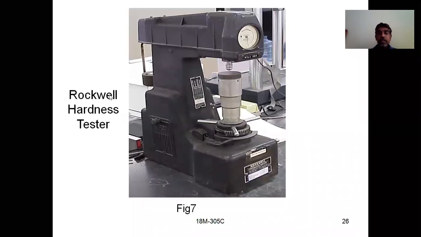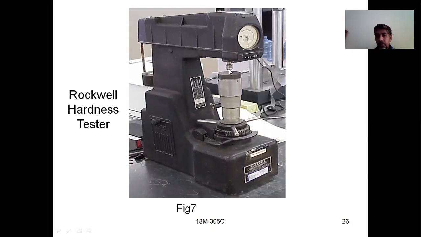See, this is the Rockwell hardness tester. Just now you have observed what we can call a line diagram, but this is the actual Rockwell hardness tester. If you see here, this is your hand wheel and you are having an elevating screw, this one, and this one is the anvil, and here you are having a specimen.